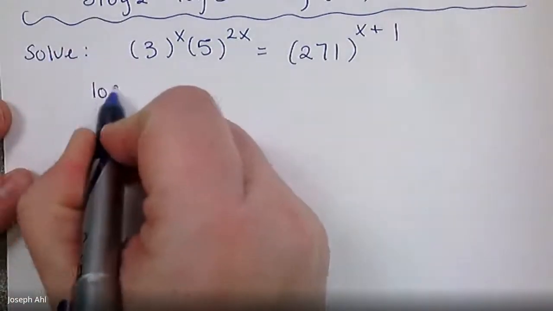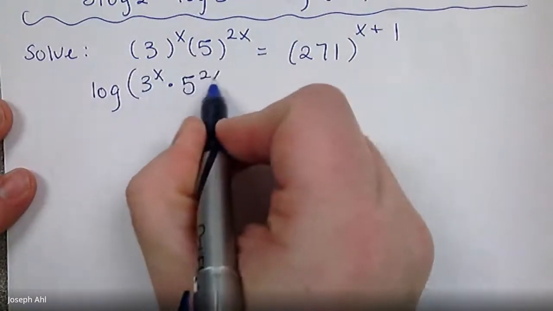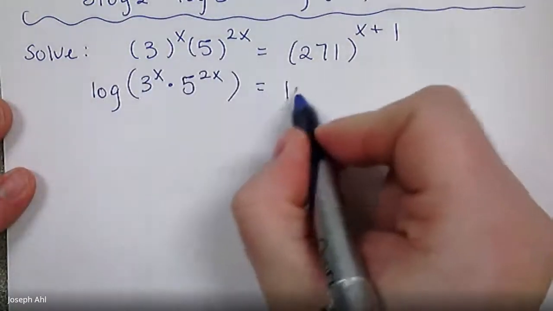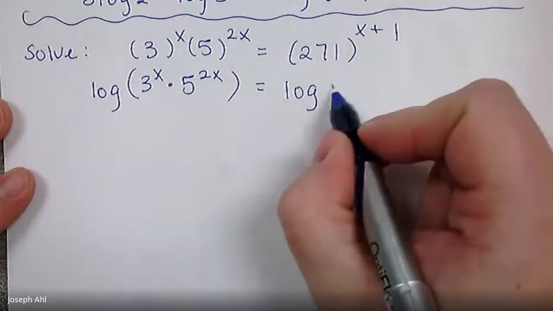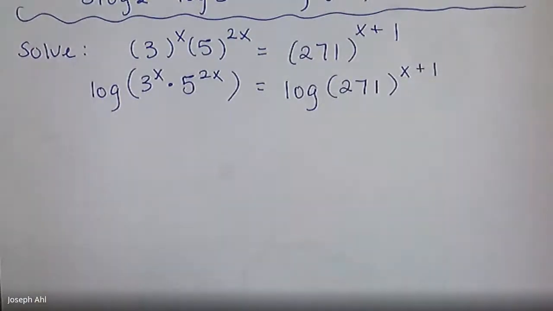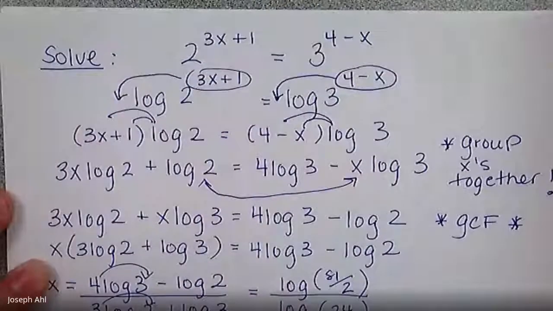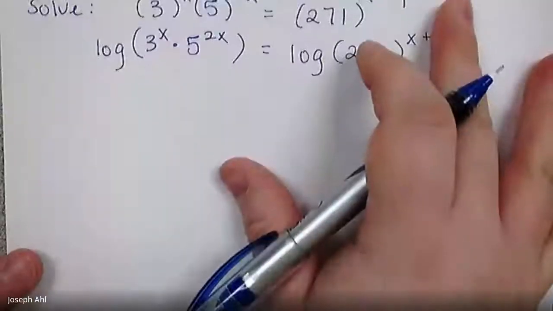So when I take the log of this side, it's log of this whole thing, 3 to the x times 5 to the 2x. Same thing, log of this whole side, log of 271 to the x plus 1. Okay. So we know the properties of logs that we're going to wind up using here. Similar to what we saw in the last one, we know that those exponents can come to the front, but we have one additional thing to consider here.